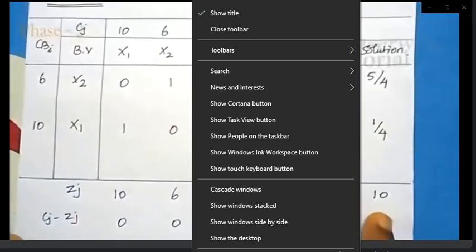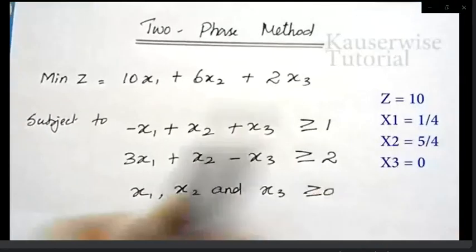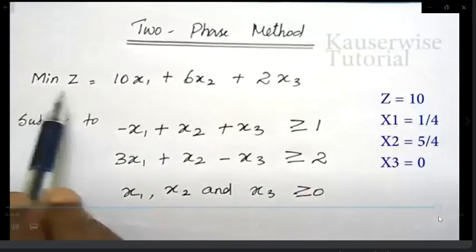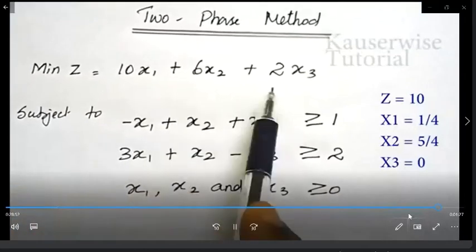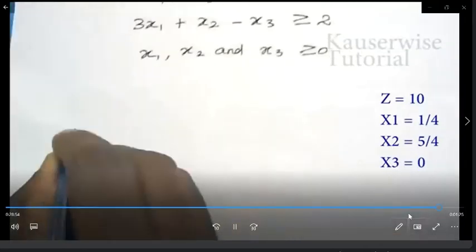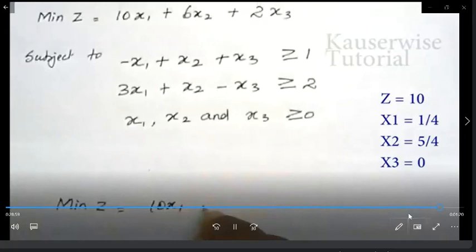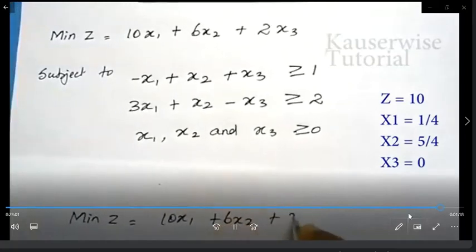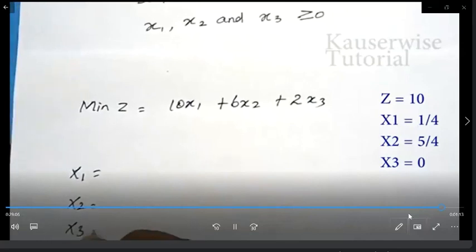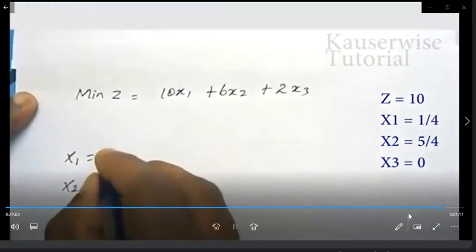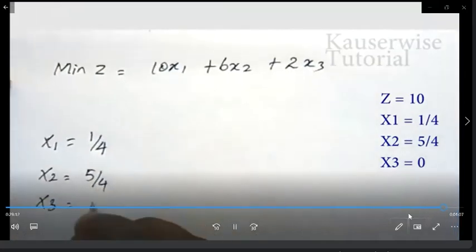Now we can check the answer by applying these values in the objective function. Look at the problem. The objective function is minimization Z is equal to 10x1 plus 6x2 plus 2x3. The x1 value is 1/4, the x2 value is 5/4, for x3, 0.